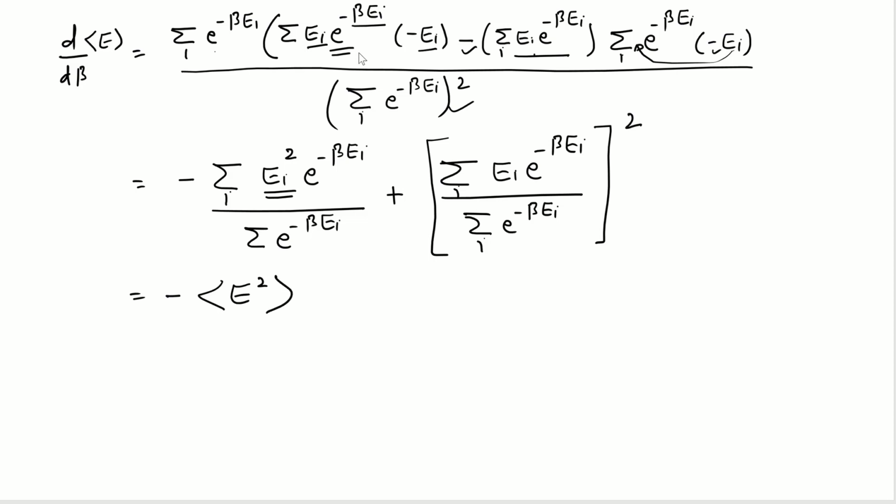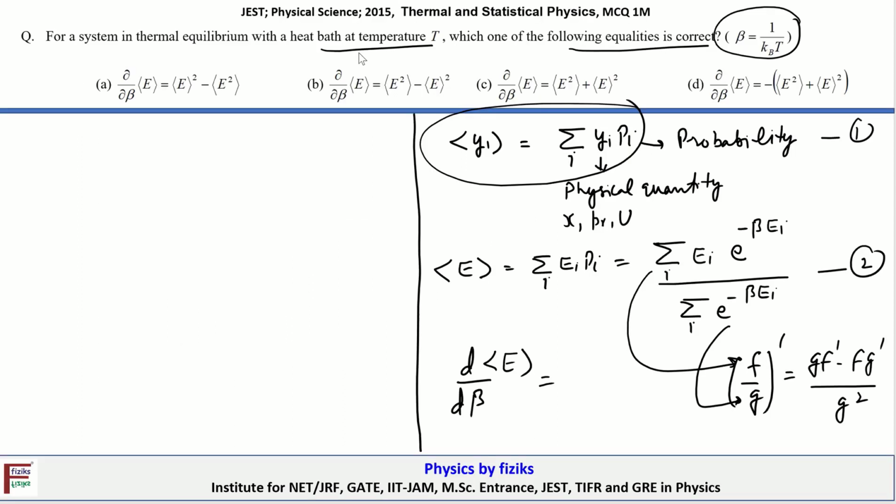And then plus, this second expression is equivalent to the average of E, but squared. So this is equal to average of E squared minus the square of the average. If you take a look at the options, it matches with option A, therefore option A is the correct one.